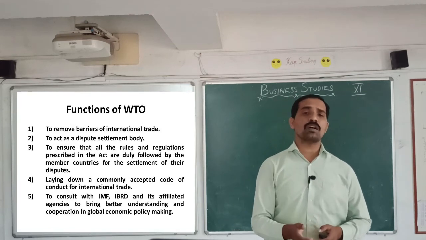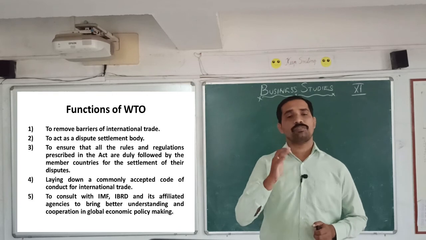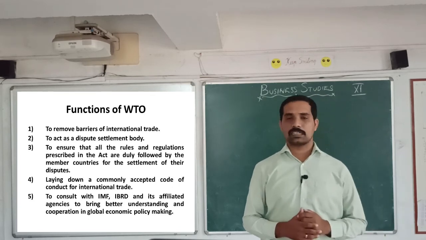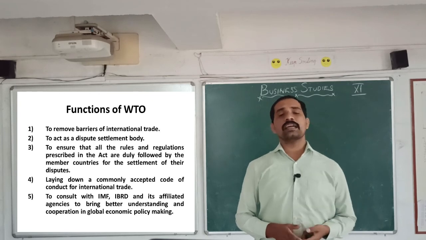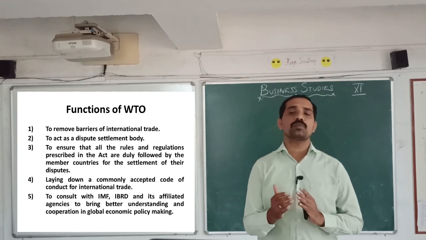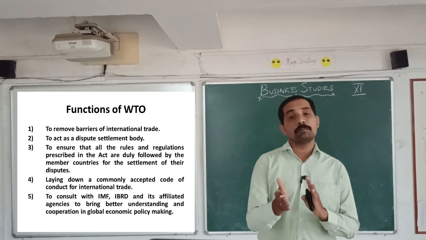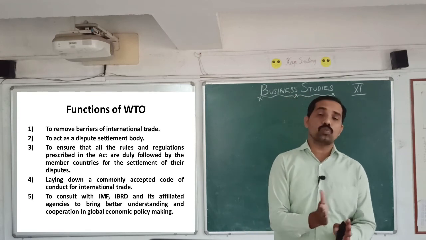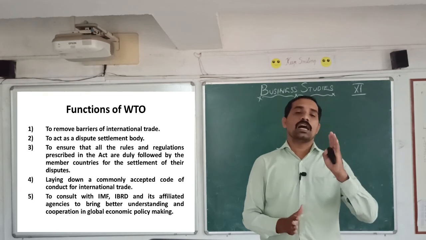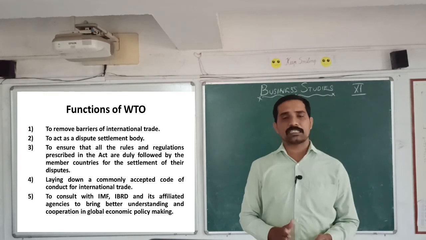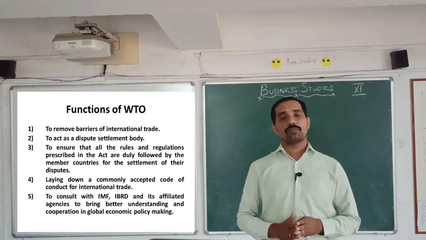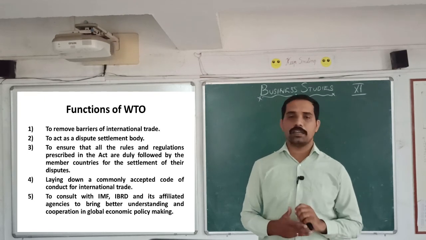And then the functions of the World Trade Organization. The first one, to remove the barriers of international trade. And the second one, to act as a dispute settlement body and ensure that all the rules and regulations prescribed in the act are duly followed by member countries for the settlement of their disputes.